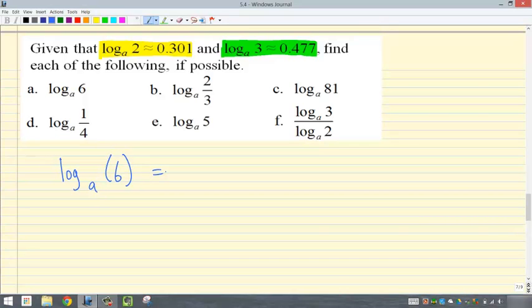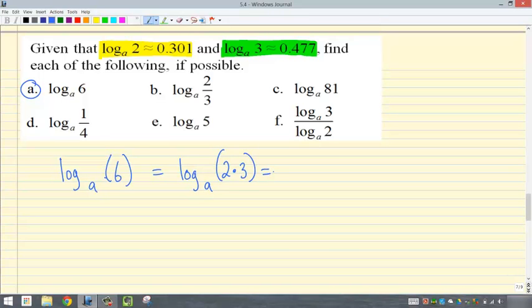You say, I don't know, you didn't give me log base a of 6. You only gave me log base a of 2 and log base a of 3. Ah, but is there a way that you can make a 6 using the 2 and the 3? Log base a of 6, and this is part A that we're doing here, is equal to log base a of 2 times 3.